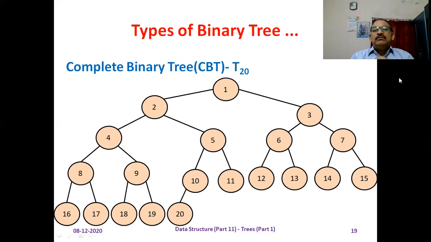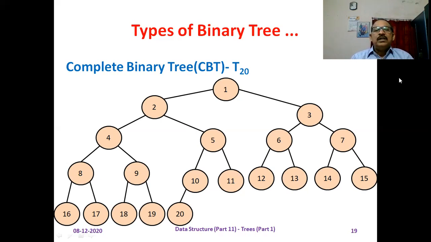Level 1, maximum number of nodes in a binary tree at level number 1 is 2 power 1, that is 2. Here you can see in the figure. At level 2, maximum number of nodes is equal to 2 power 2, that is 4. Here you can see there are 4 nodes. At level number 3, 2 power 3, the maximum number of nodes must be equal to 8. Here you can see there are 8 nodes.